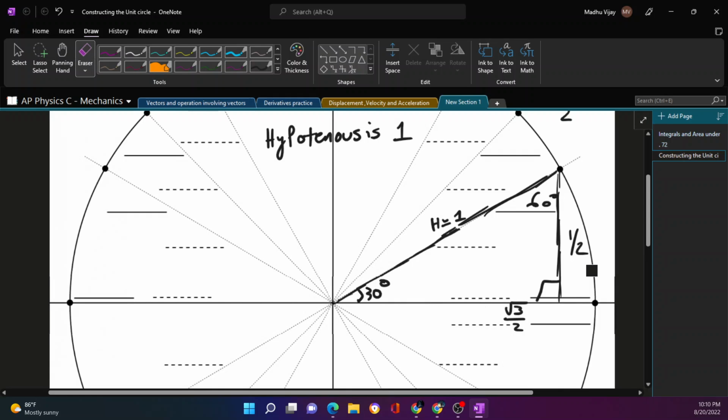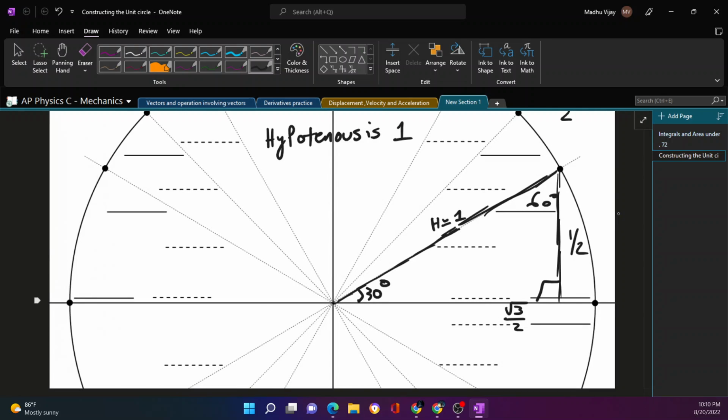Now we have our side lengths for all three sides. The height of the triangle is 1/2, the base is square root of 3 over 2, and the hypotenuse, since it's the radius of the circle, is 1. Now, if you were to think of this as a coordinate plane, what would this point right here be?